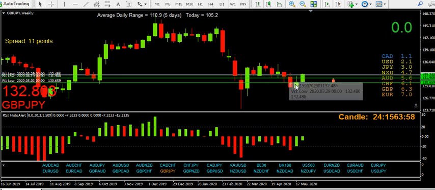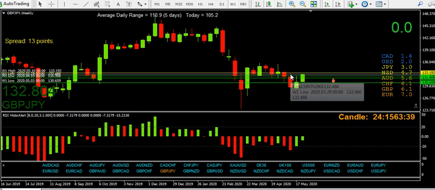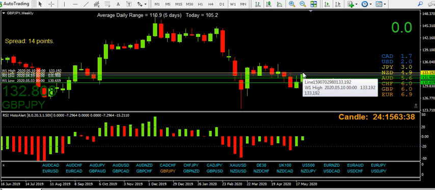The sellers overtook the buyers, and we got this wick. So yes, you can use every time frame to analyze what's going on, and in this instance, in this pound yen, what really would excite me is a potential break of that.